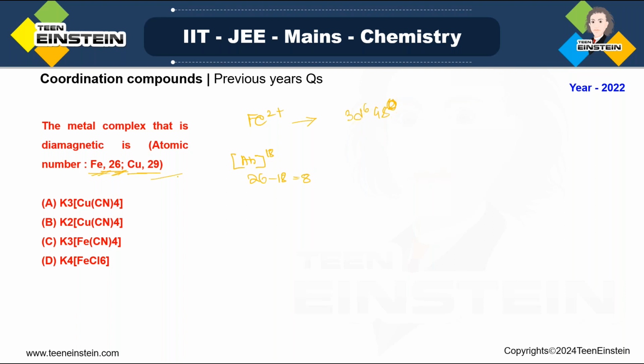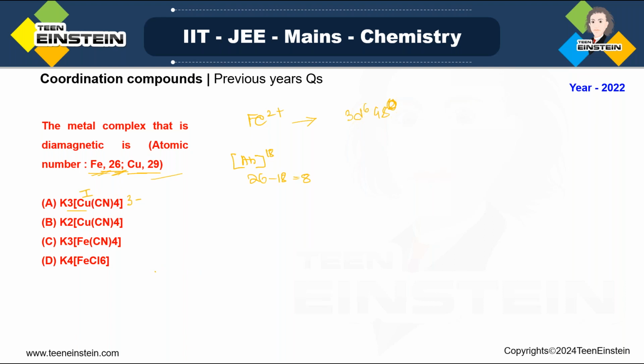So this information is extra. If you want to use it, you can use it. But what we have to find is the diamagnetic complex. That means we have to find the complex where there is no unpaired electron. For that, how will we start? You will start with the oxidation state. In the first complex, K3, if you remove 3K+, there will be a 3 negative charge. Cyano is also negative. So here the oxidation state is copper 1.